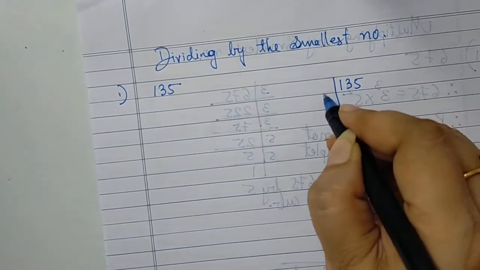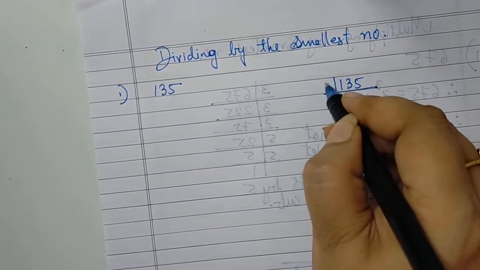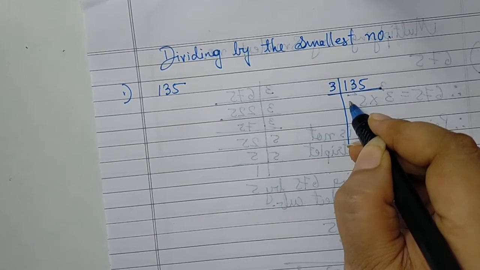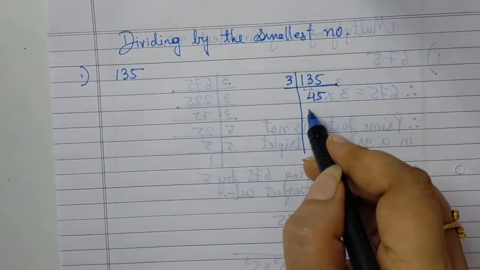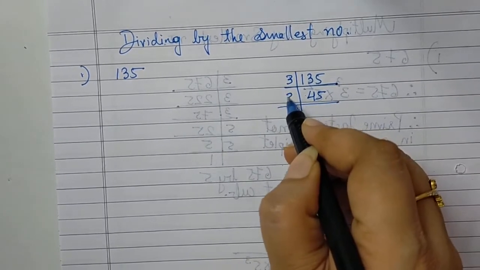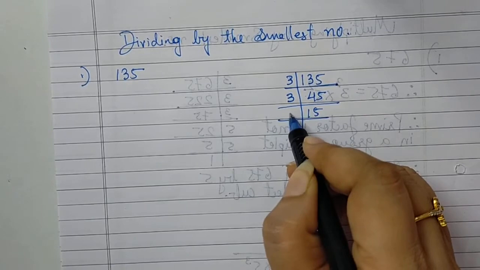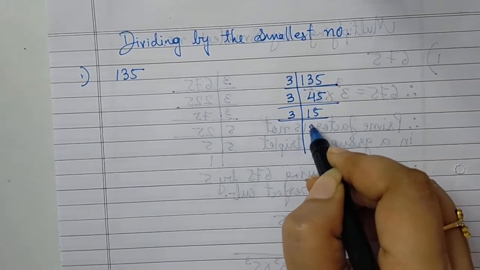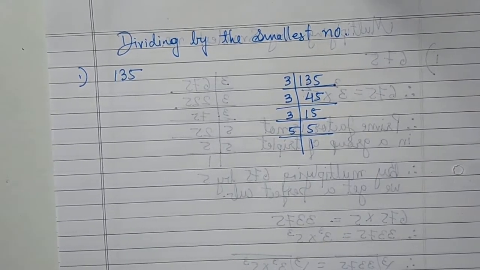So first of all, let us do prime factorization of 135. We can do it by 3. We get 45. Then by 3 we get 15. Again by 3 we get 5, and then by 5 we get 1.